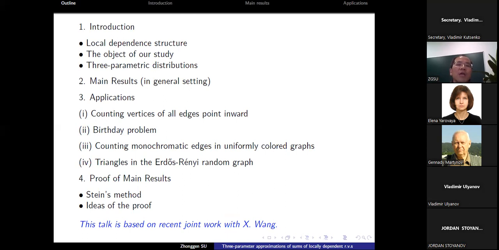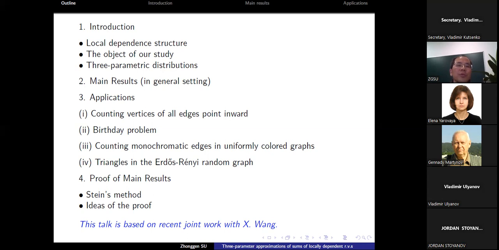Here is the outline of my talk. First of all, I briefly introduce some notions, backgrounds, and the object of our study. After that, I'm going to state our main results in general setting. To illustrate our findings, I want to give some applications.